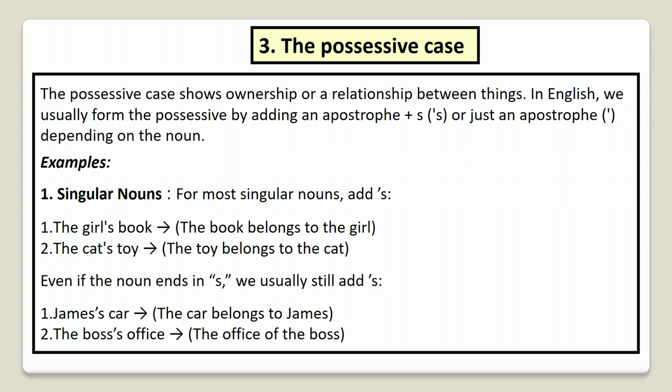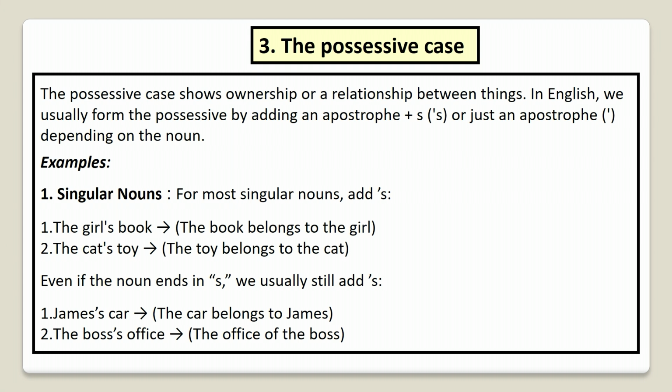So James's car: the car belongs to James. The boss's office: the office of the boss. In this way we can use apostrophe s, and when words end with s, we again use apostrophe s to show the possessive case.